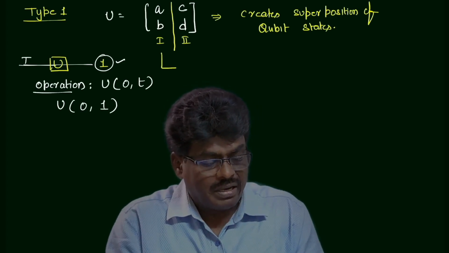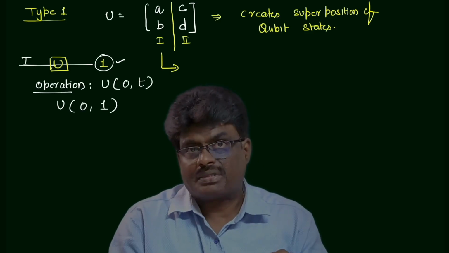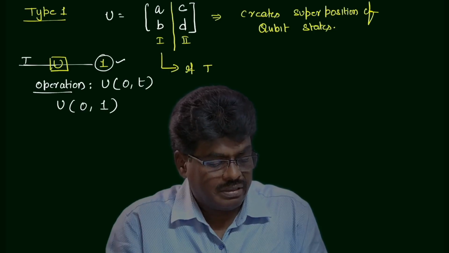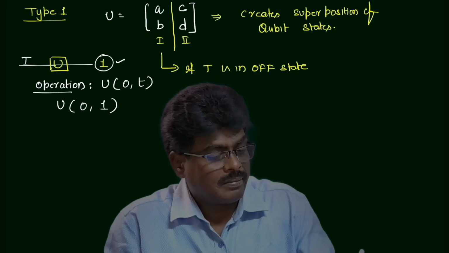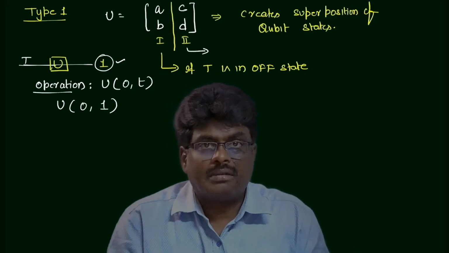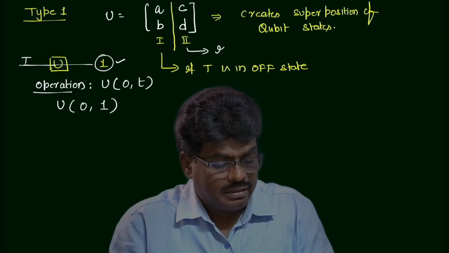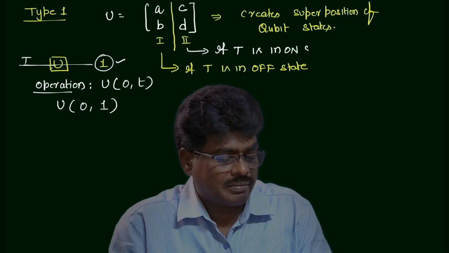Use the first column if the target bit is in off state, and use the second column as amplitudes for the superposition state if the target is in on state.